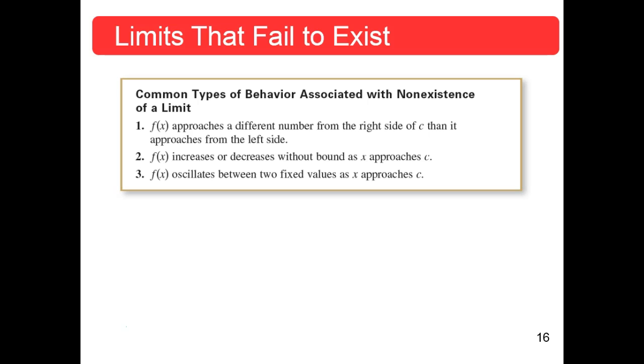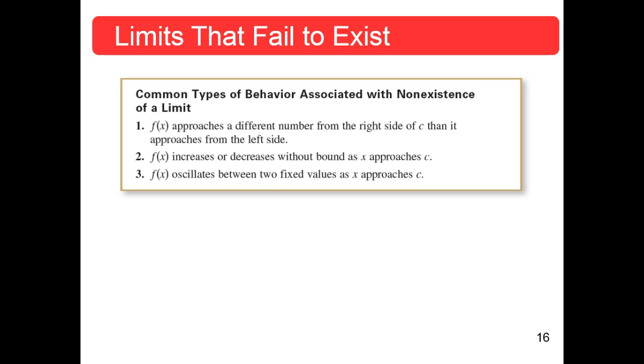Okay, 1, f of x approaches a different number from the right-hand side of c than it does from the left-hand side. If that happens, no way there's going to be a limit. We saw that in the example absolute value of x over x. 2, f of x increases or decreases without bound as x approaches c. In other words, undefined term, increasing or decreasing without a bound.